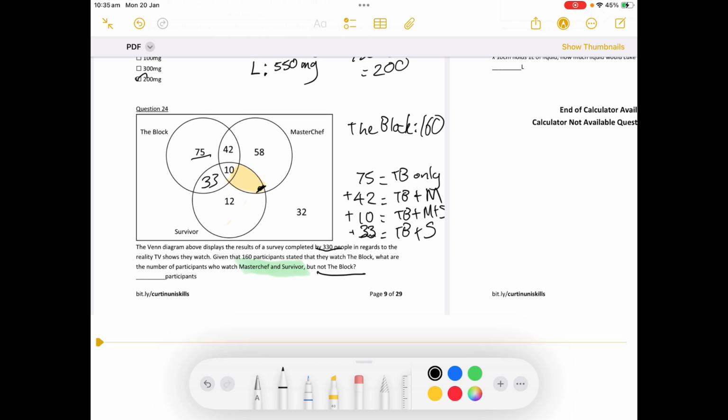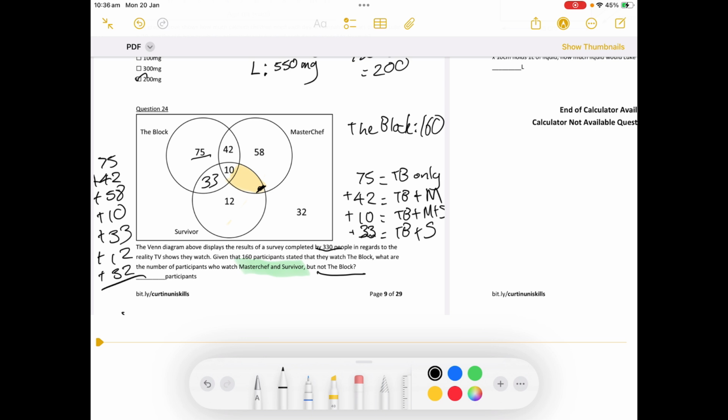So let's go ahead, we'll add up 75. So 75 plus 42 plus 58 plus 10 plus 33 plus 12 plus 32.